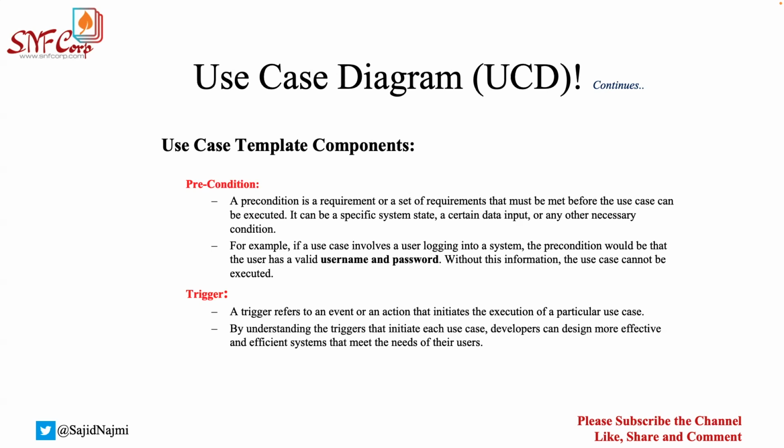In your documentation under the precondition section, you will write: user must have a valid username and password. In interviews, the interviewer will ask you what is a precondition in a use case and what is a postcondition in a use case. You will simply tell them any business condition that is a prerequisite, like having a username and password, is your precondition.